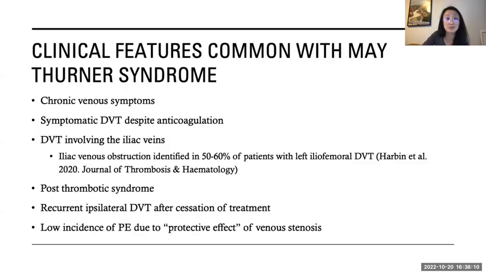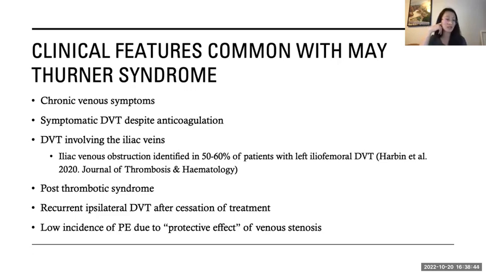In terms of the clinical features that we see with May-Thurner syndrome, really just any kind of chronic venous symptoms, usually one side more than the other, symptomatic DVT despite anticoagulation, so PTS-type symptoms or symptoms that persist despite being started on anticoagulation. DVT involving the iliac veins, so we have to think about this in patients who have high up iliofemoral DVTs with iliac involvement.